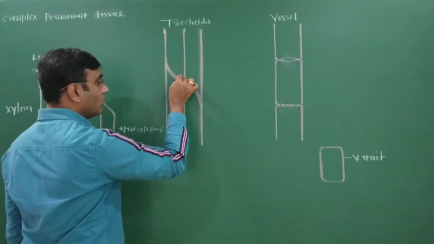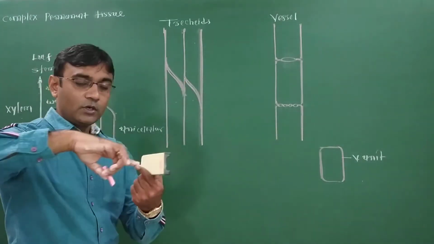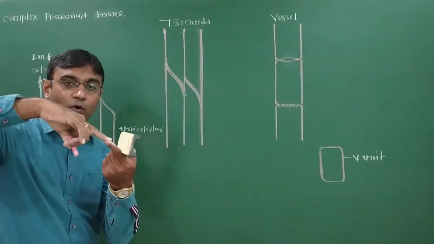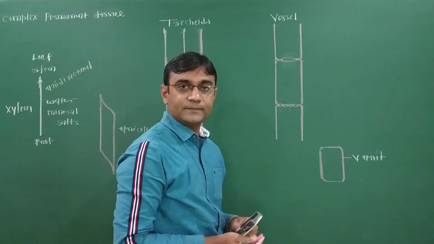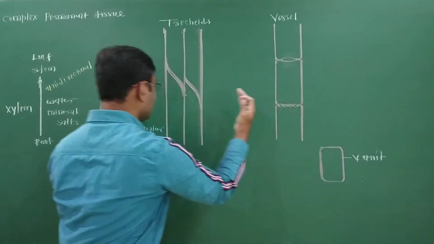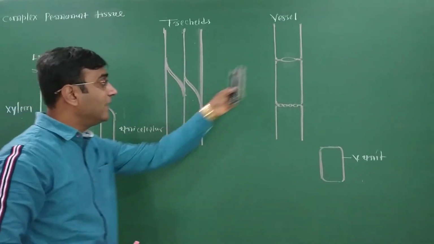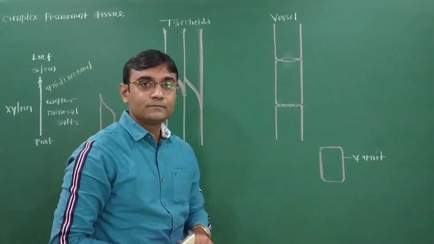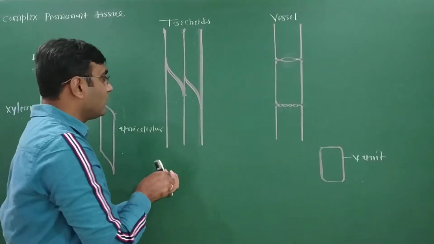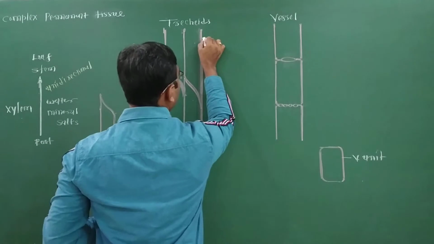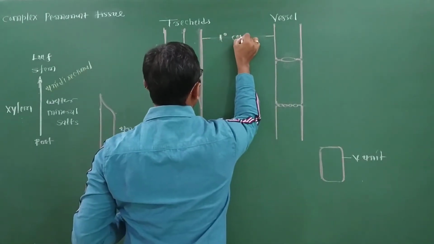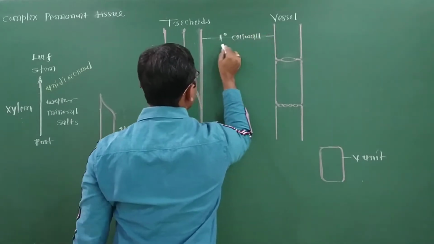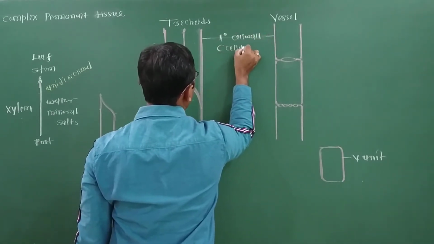In trachea the common wall, the overlapping wall, is not porous, whereas here the common wall is porous. This is a broad unit, this is a narrow unit. This is unicellular, this is multicellular. Now which wall are we drawing here? This is the primary cell wall, and this primary cell wall is made up of cellulose.